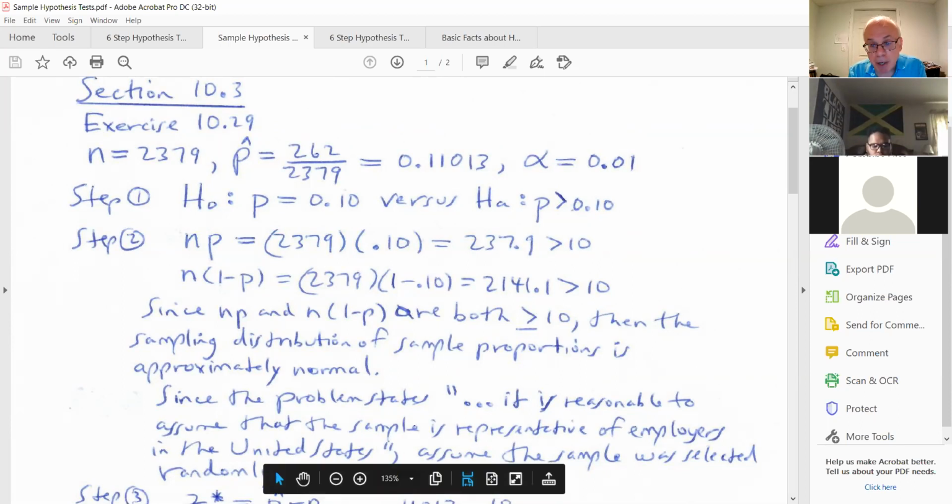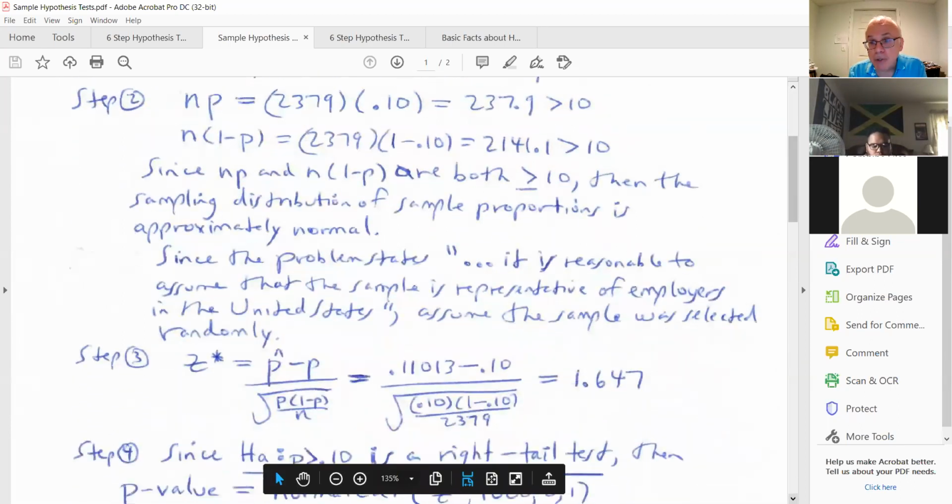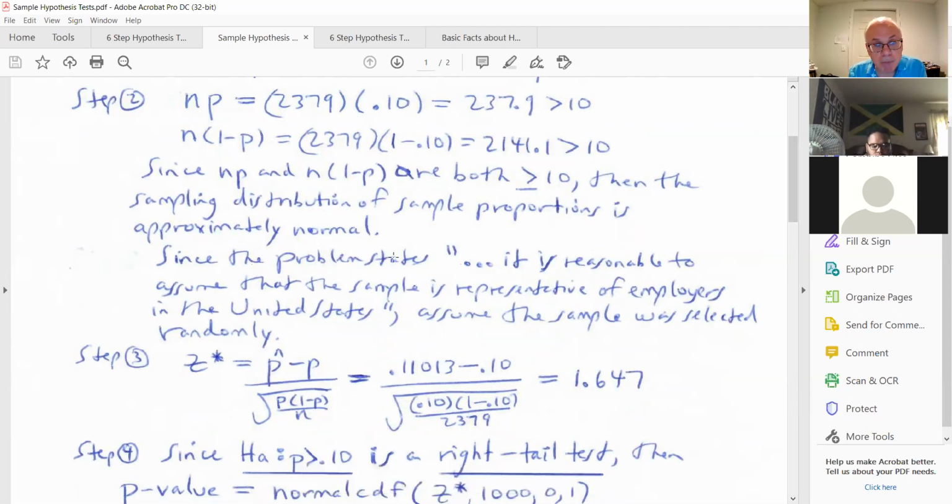Now you have to say something about random selection also. Remember, we talked about that. Since the problem states, and I put in parentheses, "it is reasonable to assume that the sample is representative of employers in the United States," close quote, assume the sample was selected randomly. All right, there you go.